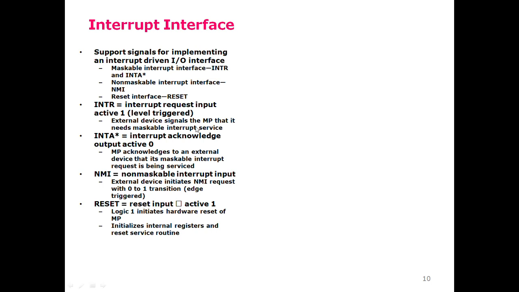The interrupt request input is active 1, and it is level triggered. External devices can signal through this pin that they need maskable interrupt service. Whenever an external device needs to interrupt the activities of the microprocessor, it sends a 1 through this pin, which signals the microprocessor that a device needs its attention. The microprocessor can then acknowledge that interrupt through the interrupt acknowledge output, which is active 0.